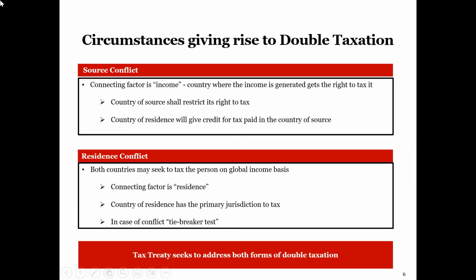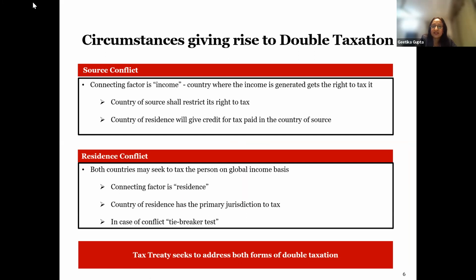Okay. So till here, now we have in the chat box, any example of source conflict? Yeah. See, the source conflict rule is, let's take an example, a foreign entity rendering technical services to an ICO, an Indian company. So the Indian company, while making payment to the foreign company, will deduct withholding taxes. Because the source of income, the payer, is the Indian company, the foreign company is subject to tax.